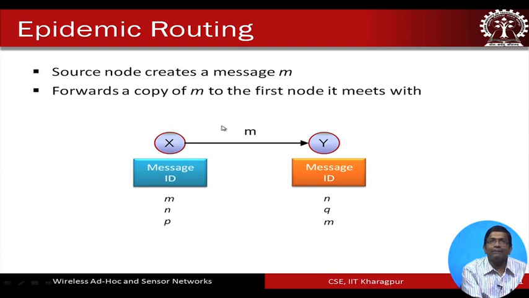Only a copy of m has been sent to y, and whether you are going to delete it at the source depends on getting confirmation that the message has indeed been delivered to y, and only then can the message be removed from the buffer of x. That is actually not what one would think about in pure epidemic routing. In pure epidemic routing, only a copy of the message is forwarded and stored in the buffer of node y.